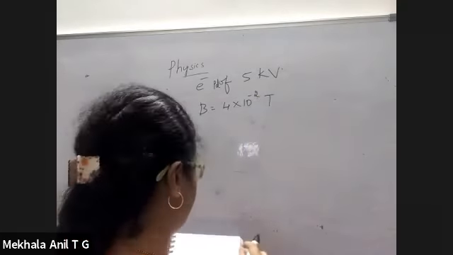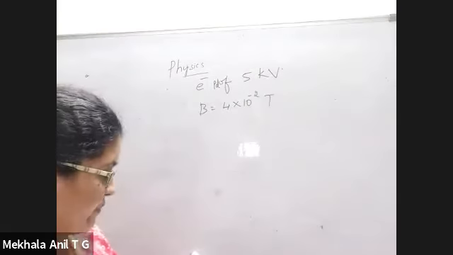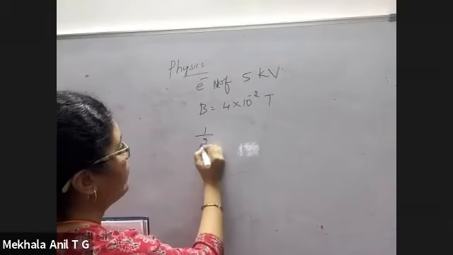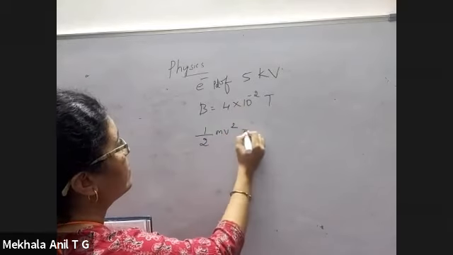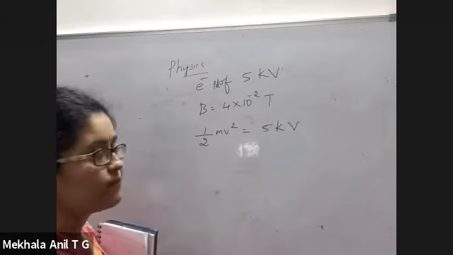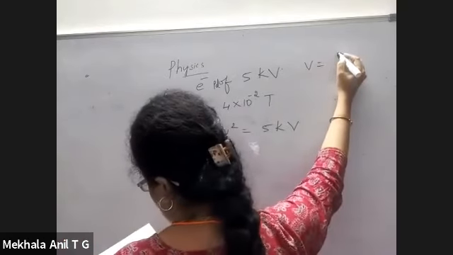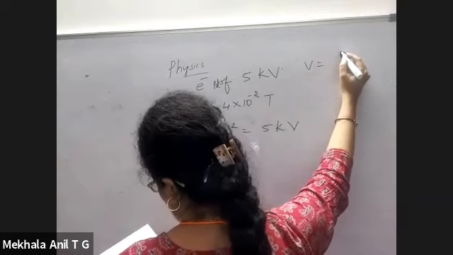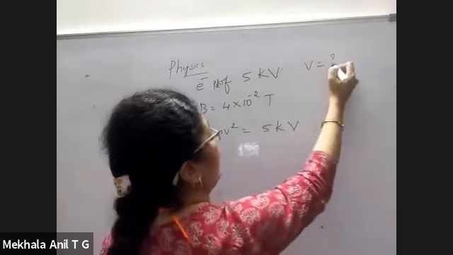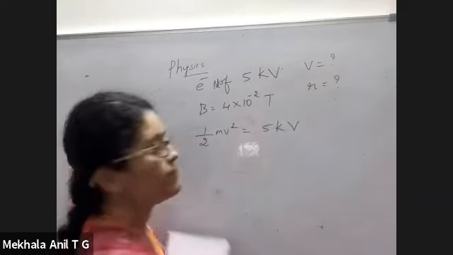Determine the radius of the electron in the magnetic field. So for that, as you know, half mv squared is equal to 5 kilovolt. The velocity you have to determine, as well as the radius.